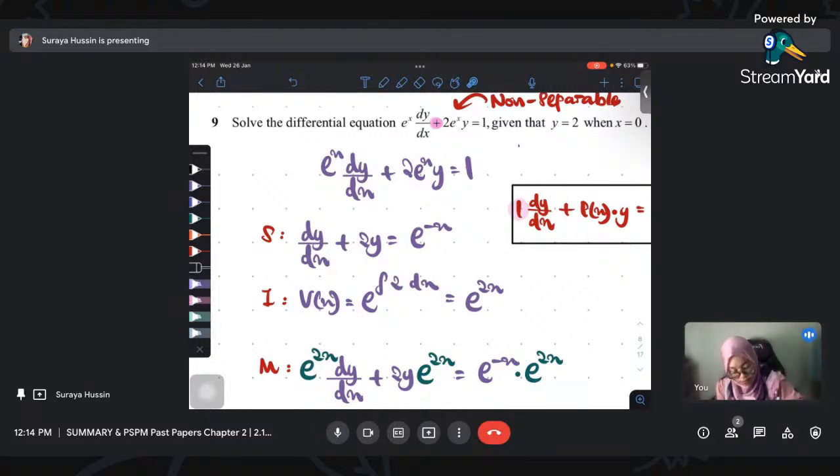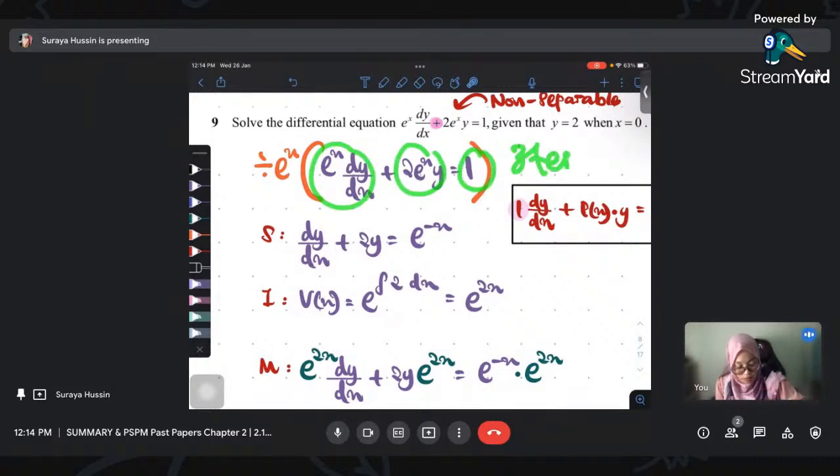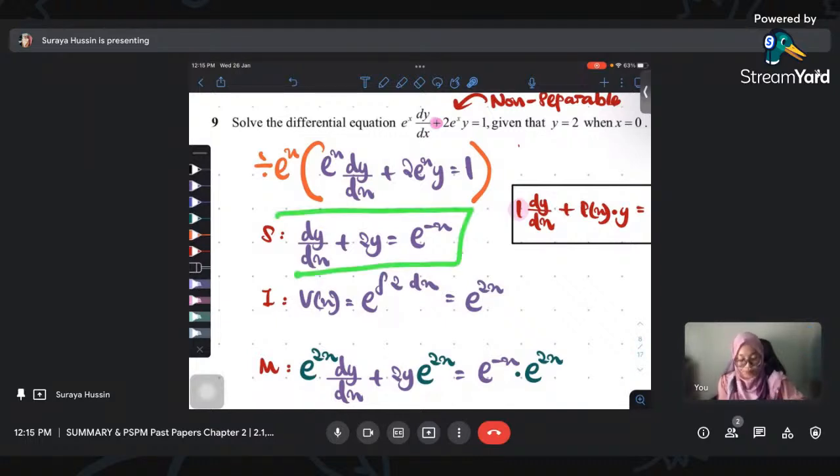So in this case, macam mana nak jadikan dy dx sahaja? We have to divide. Kita dividekan each term. Divide each term where here only have 3 terms. Okay, divide each term with e to the power x. Bahagikan setiap satu ini exponent x and you will get this.